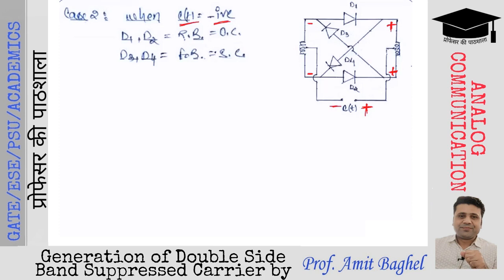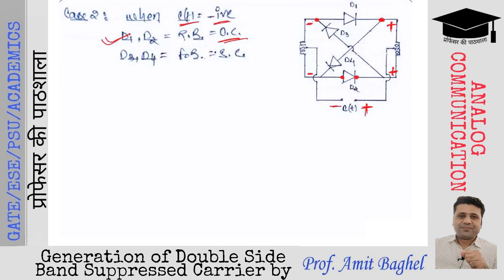So in this case, observe D1 के पॉजिटिव टर्मिनल पे नेगेटिव वोल्टेज और नेगेटिव टर्मिनल पे पॉजिटिव वोल्टेज है. Hence D1 will be reverse biased. Same way D2 के पॉजिटिव टर्मिनल पे नेगेटिव वोल्टेज और नेगेटिव टर्मिनल पे पॉजिटिव वोल्टेज है. Hence D2 will also be reverse biased. D1 D2 will be reverse biased. Hence they will be replaced with an open circuit.